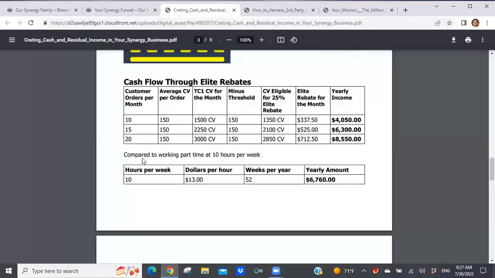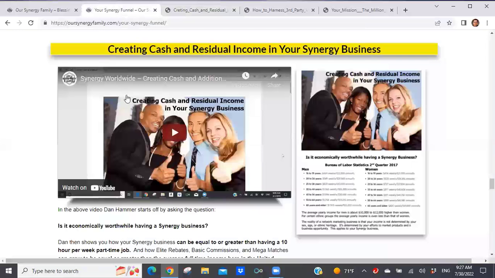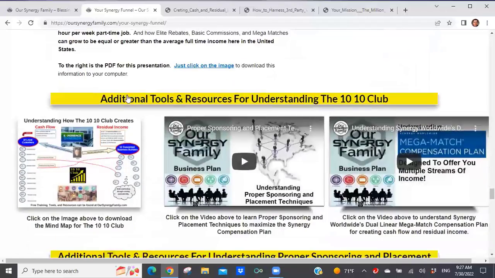Plus, I now have all my tax write-offs that I didn't have if I had a part-time job. So again, you can show people the benefits of their Synergy business by using a resource tool right at your fingertips if you just know where to look for it.